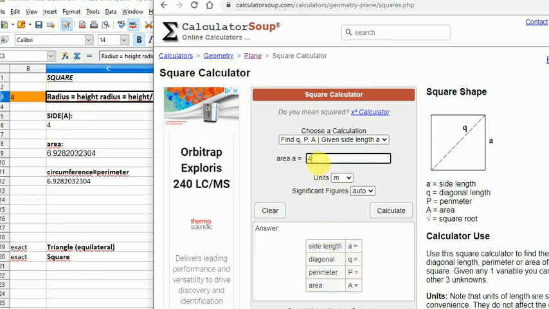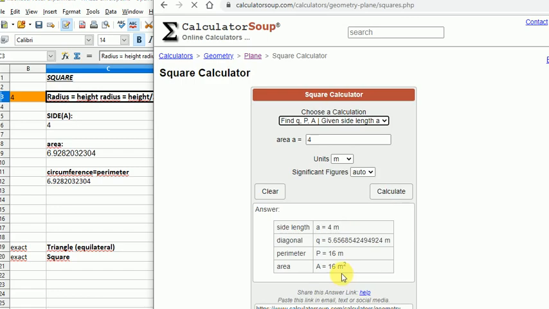So if we put the square side as 4, the area should be 16, because 4 times 4 is 16.